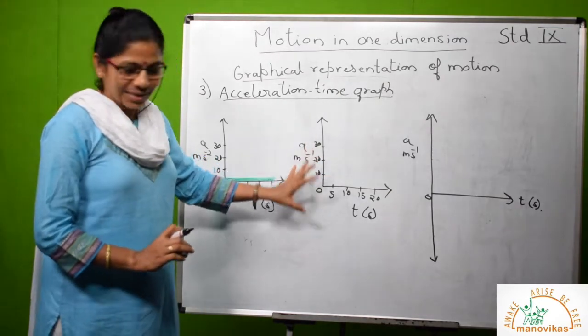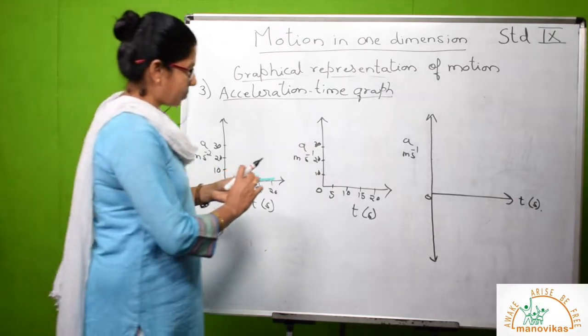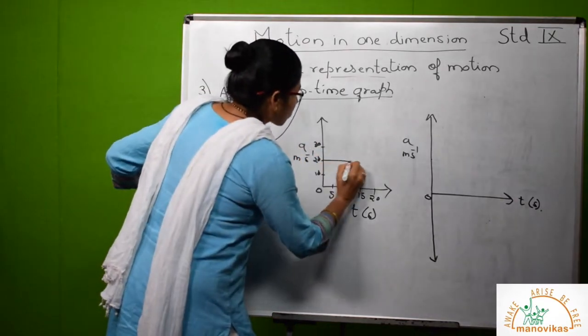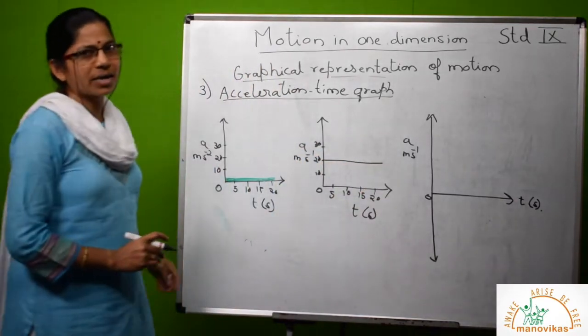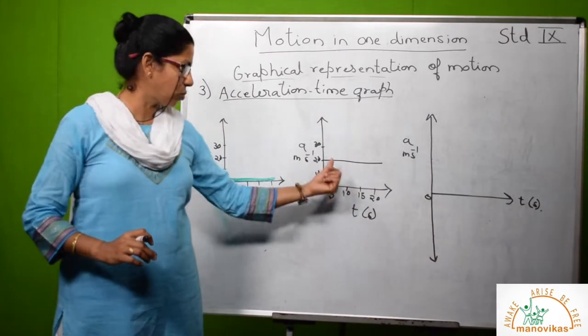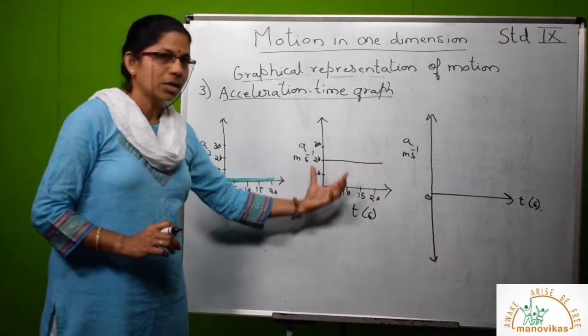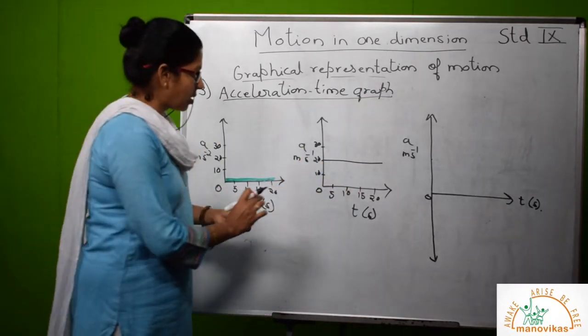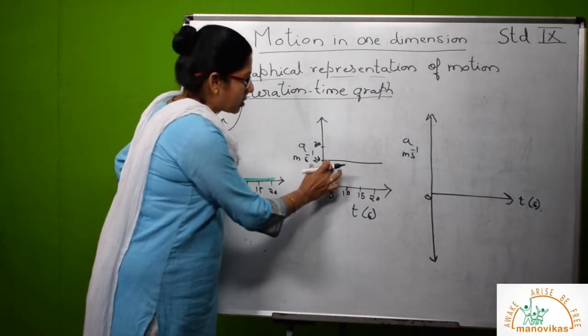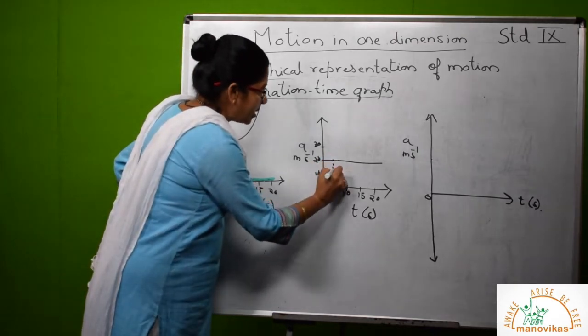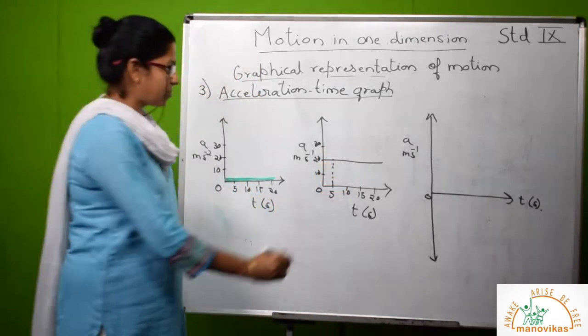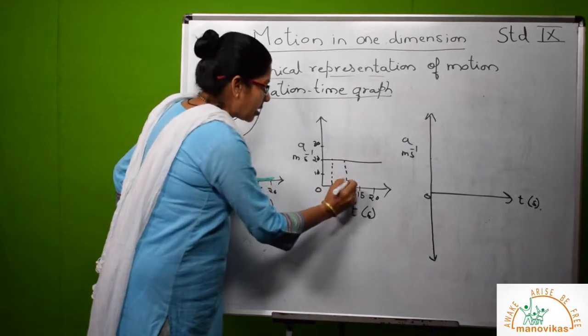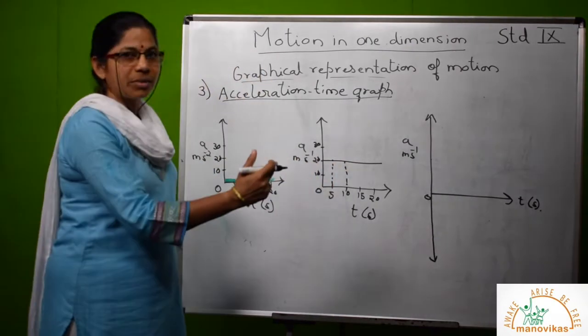Now the second type of graph is a line which is parallel to the time axis. So what information do you get from this graph? After 5 seconds, acceleration is 20 meters per second squared. After 10 seconds, acceleration is 20 meters per second squared.